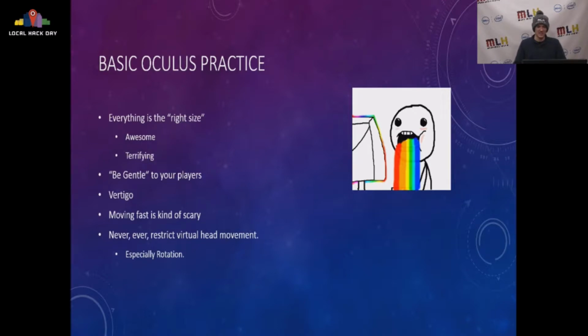It's the same as when you're trying to read a book in a car, or if you're on a boat for the first time and you get seasick. It feels very much the same. You get this awful feeling in your stomach. You shouldn't restrict the positional movement either, but it's not as destructive to the player experience if you restrict the player movement. Yeah, it's just not recommended.